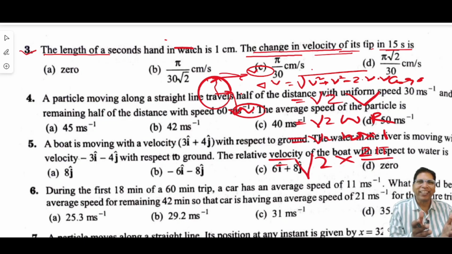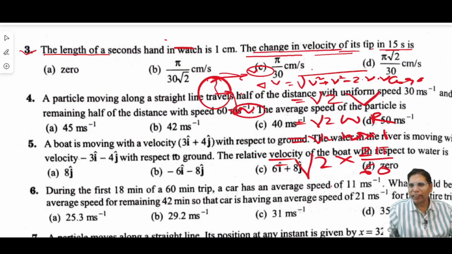The time period of the second hand is 60 seconds. So this is 2 pi by 60. Therefore, root 2 pi by 30 centimeter per second is the change of velocity in 15 seconds. Which option is correct? Option D is correct.